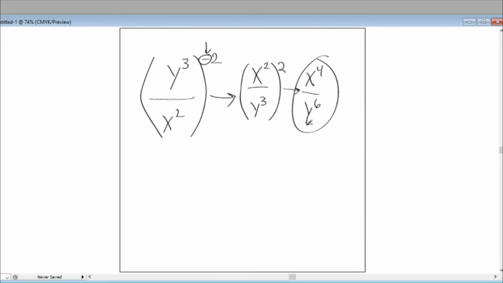And there's our answer. But I want to stress, I can't tell you how many times I can tell you this, and still there's going to be somebody who doesn't do it on the test. That negative just means flip. That's it. And then, once we get that negative gone, we can do whatever else we need to do with this exponent. But we have to flip first.